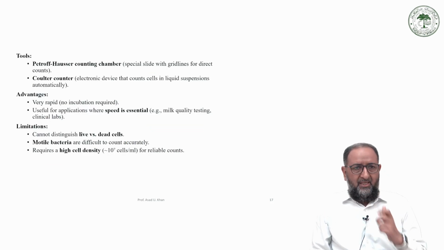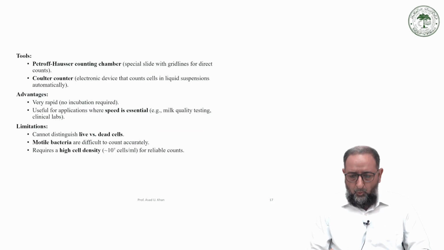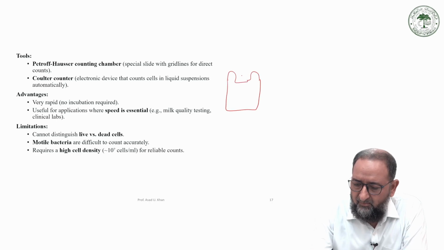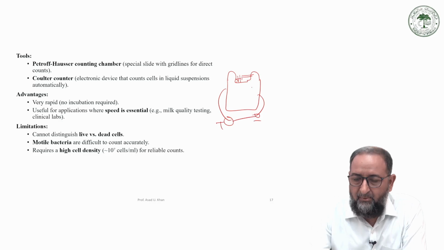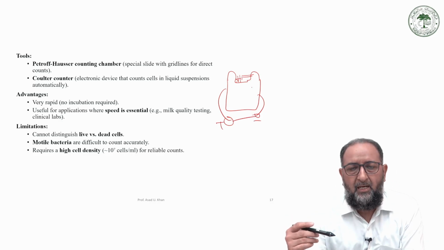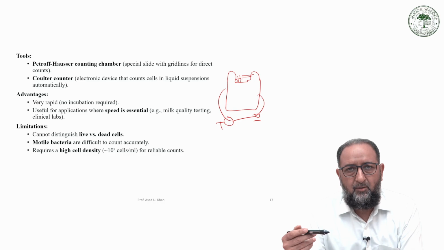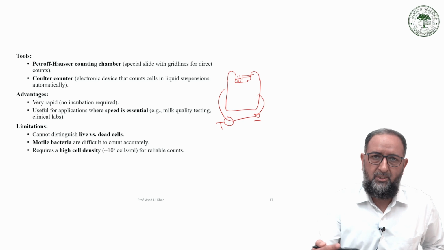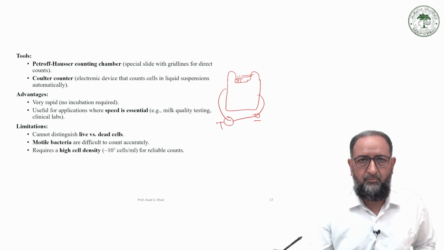Now then come to the Coulter counter. I cannot make a good drawing, but it is a kind of machine where you have a cell connected with some circuit, plus minus. I can give you the analogy that this machine is like a note counting machine in the bank. You just put the notes and all the notes can be counted easily, 1, 2, 3, with the sensor.